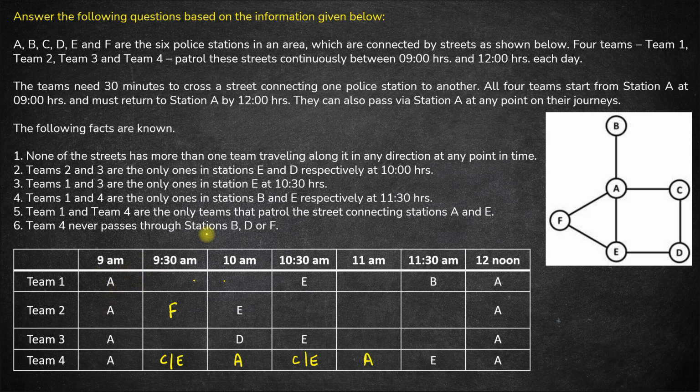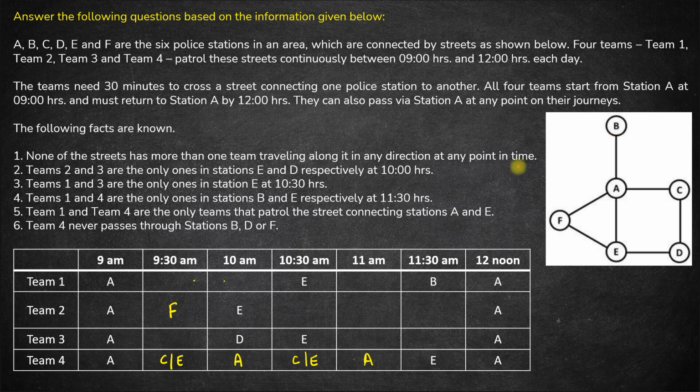Initially, since no two teams travel on the same street, of the 4 teams that start, one will go towards F, one towards B, one towards C and one towards E. We know team 2 goes towards F, and team 4 will go towards C or E. So one team has to go towards B and another towards C or E.